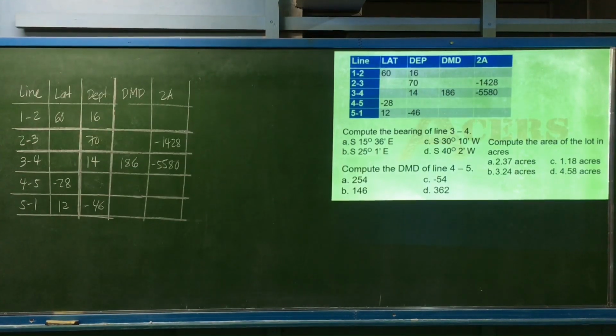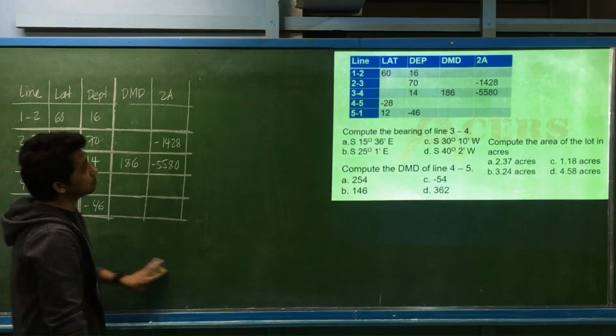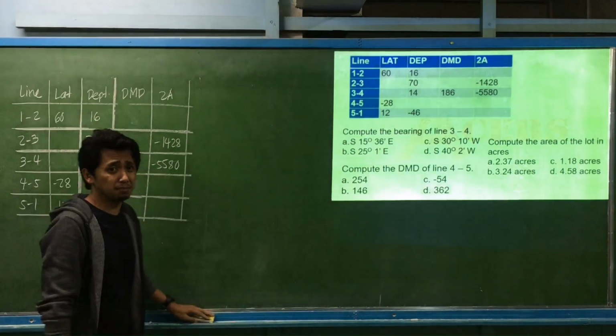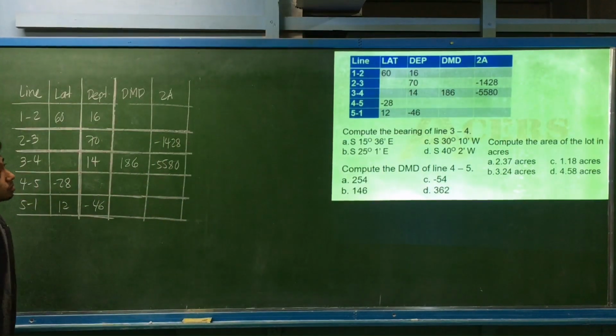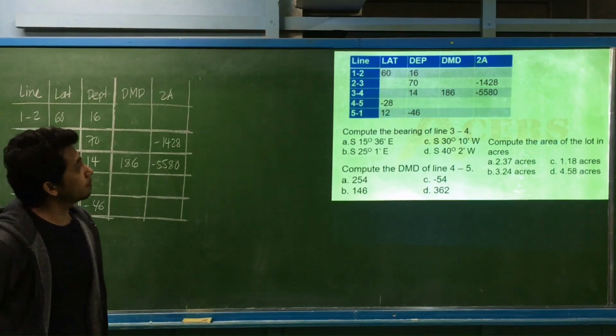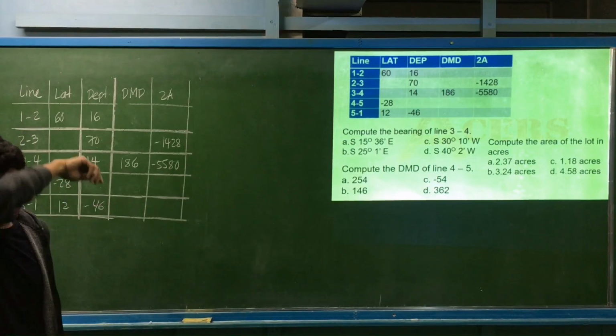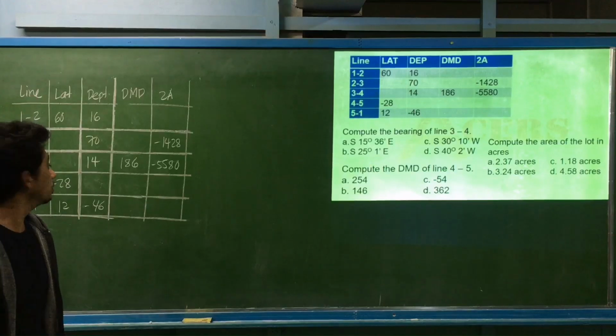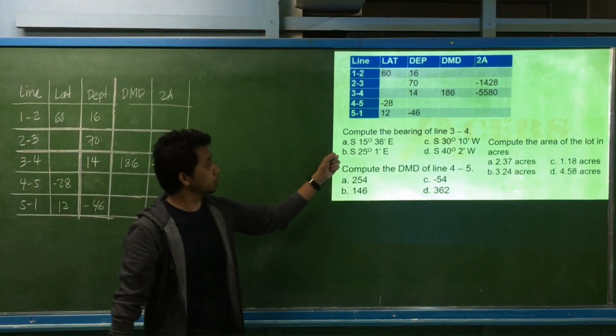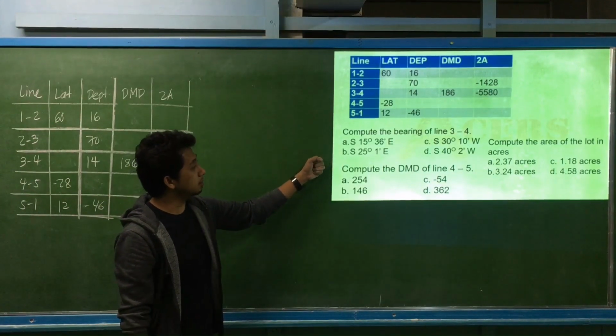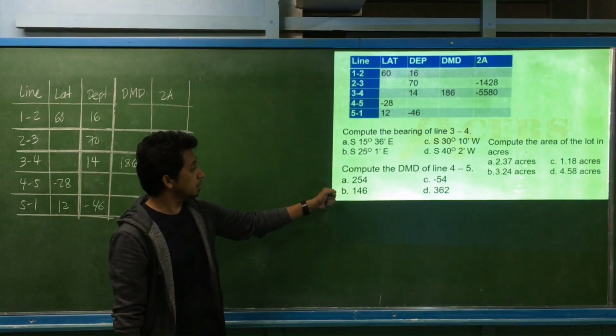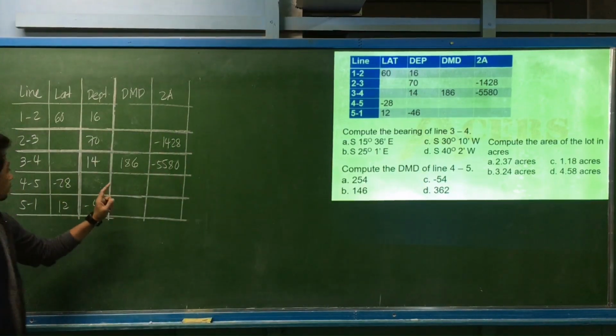Okay, we proceed to analysis of a closed traverse: latitude, departure, DMD, DPD, etc. We have the given details of line, latitude, departure, DMD, and twice the area. The first requirement is to compute the bearing of line 3-4. Second, the DMD of 4-5.